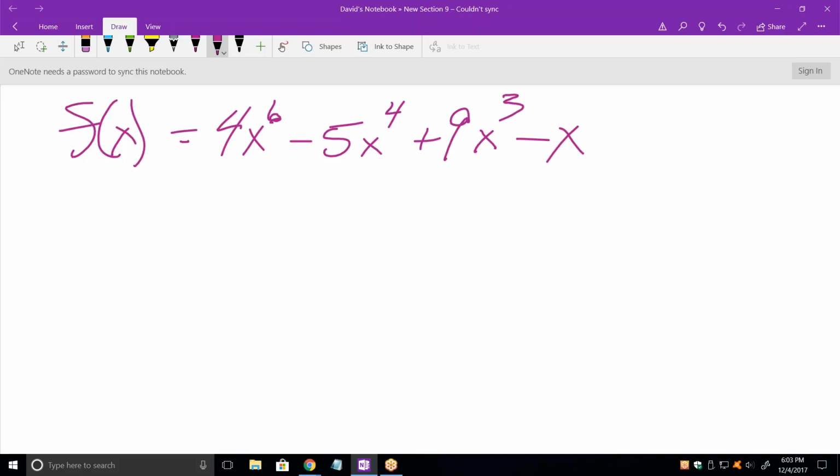How many total zeros does each function have? How many does this one have? 3. No, 4. Is it 4? Always the greatest exponent. Oh, okay. So it's 6. And this is just one function.